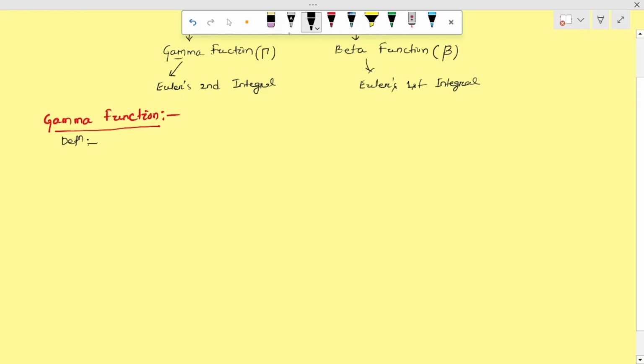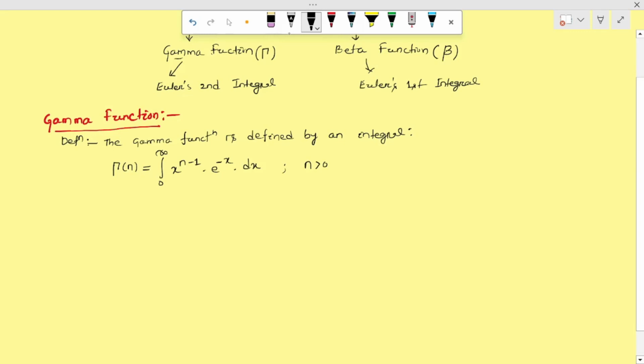Definition: the gamma function is defined by an integral such as gamma n is equal to the integral from 0 to infinity of x to the power n minus 1 into e to the power minus x dx, and here n is always positive, n is greater than 0.